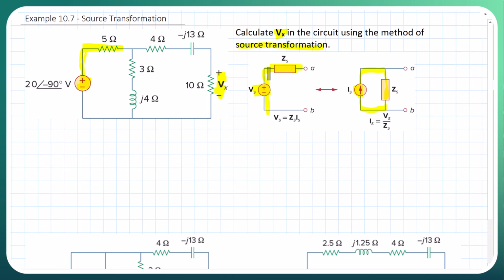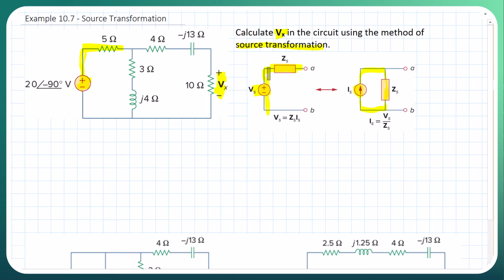The idea is you take, in this case, this voltage source combined with this impedance or resistance here, and you're going to convert it. So you have this voltage source with some impedance, and you're going to convert it to a current source in parallel with some impedance.